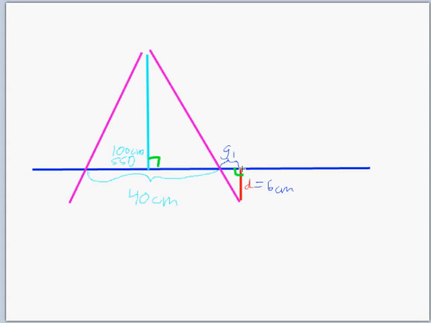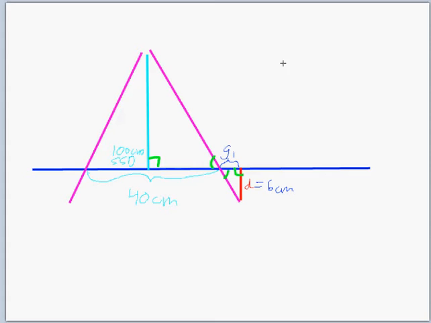So here and here we have two 90-degree angles. Also, because these are two crossing lines, this angle and this angle, these inside angles, are the same.